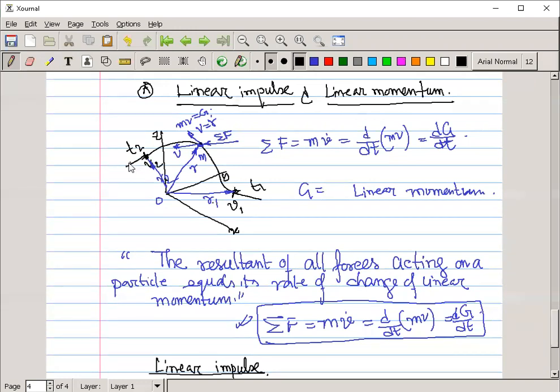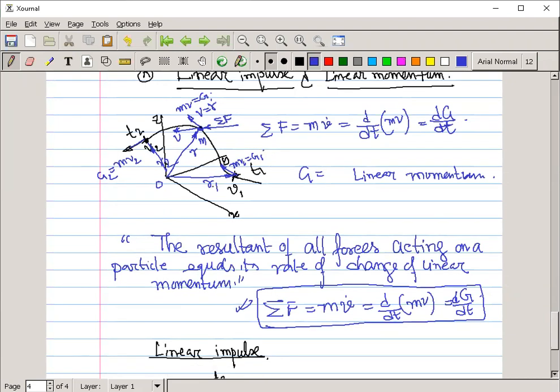Suppose this position is mv2, which is g2, and suppose the initial condition is mv1, this is your g1.